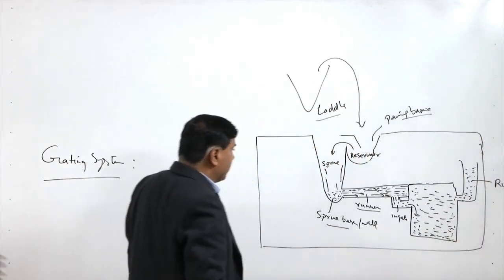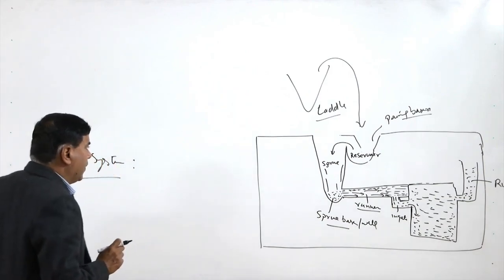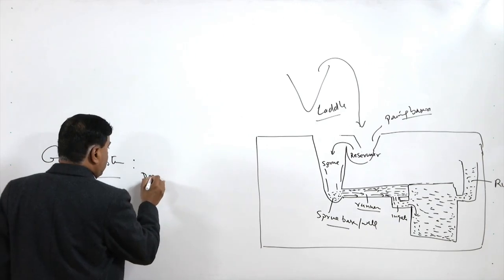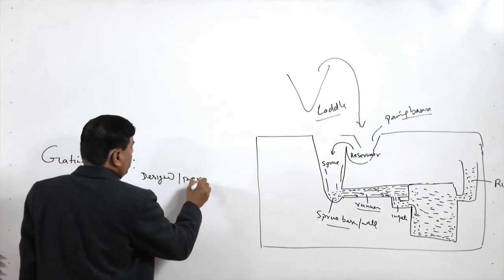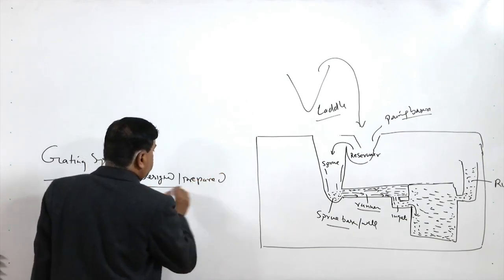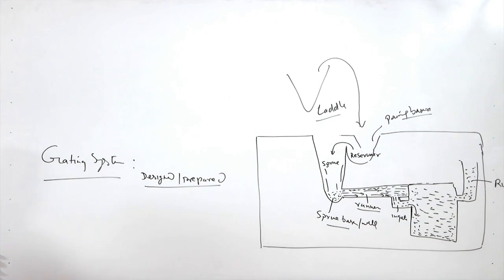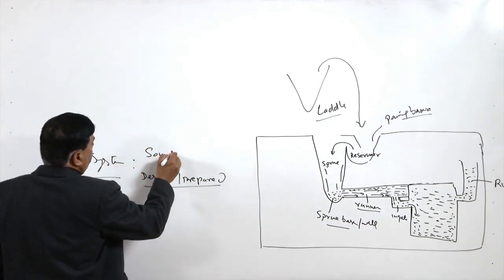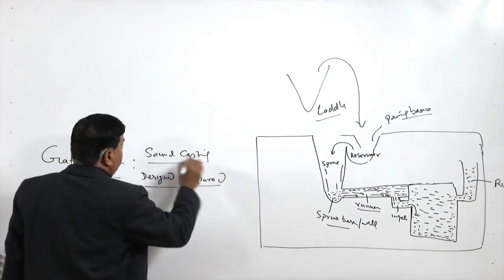These are the different elements of a gating system, and these are designed and prepared in such a way that they perform certain functions, so that the main goal of producing sound, defect free casting can be met.